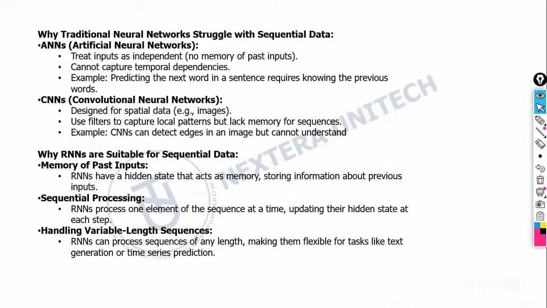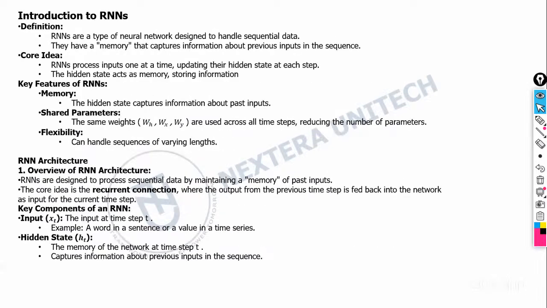Then we also understood why RNNs are suitable for sequential data. And then I just introduced you guys to recurrent neural networks. And today in this session, we are going to discuss the architecture of RNN.